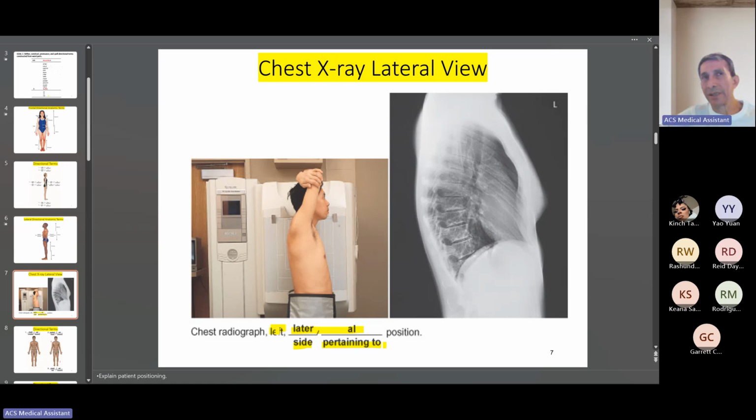Because we want to see certain organs, certain structures, depending on the position of the patient, depending on what the doctor wants to analyze, depending on the symptoms, the complaints that the patient has. So it all depends on a variety of situations.